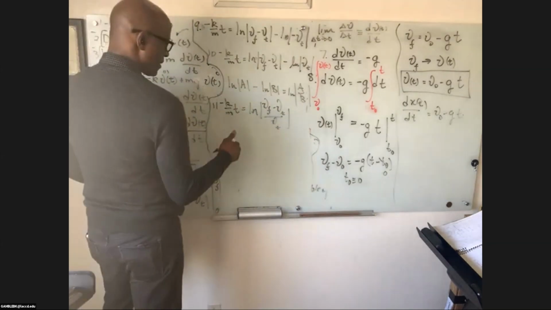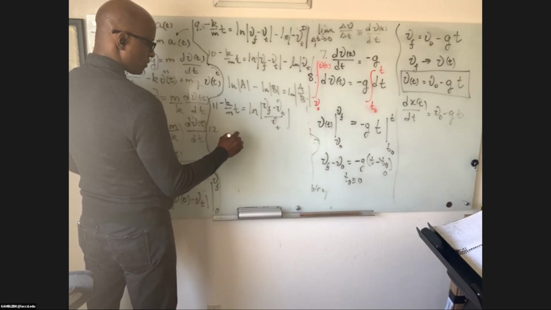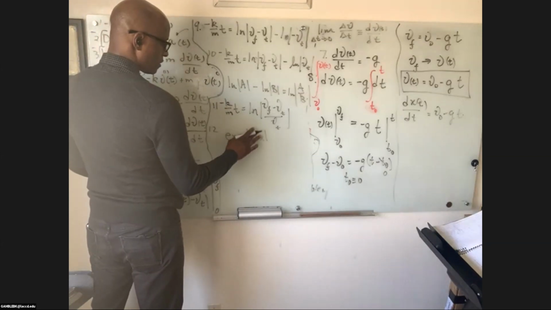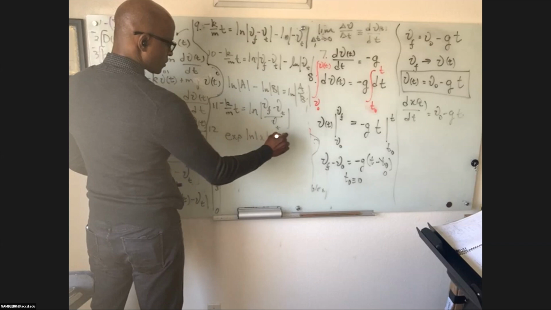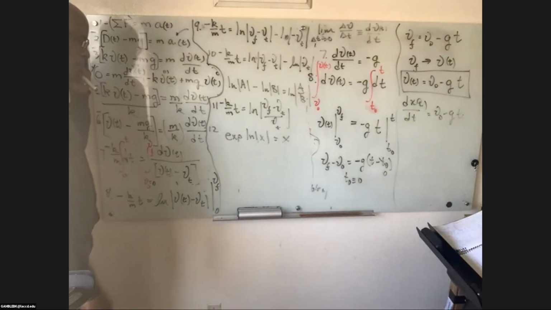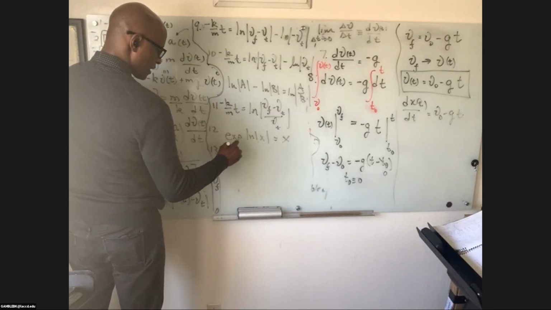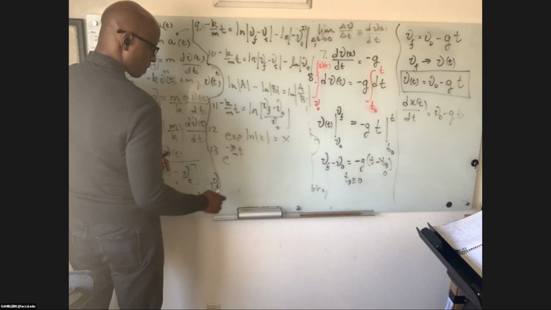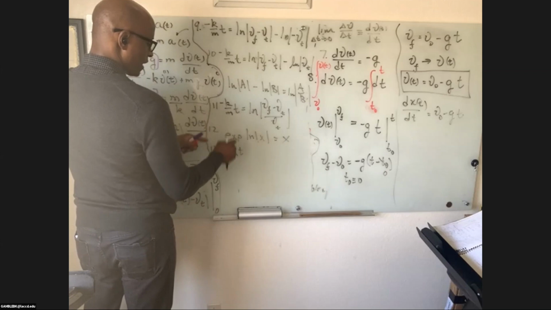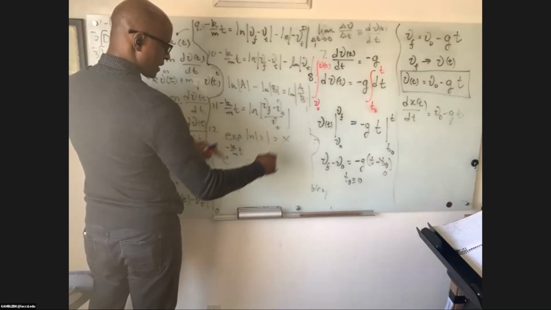Then I'm going to take that. Remember, there's also the property that the exponential of log of x equals x. So I take the exponential of both sides. The exponential of the log of this thing is just the argument, and the exponential of the other side is e to the minus k over m times t.